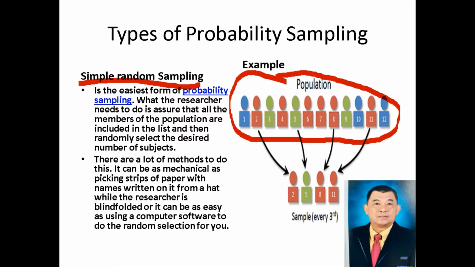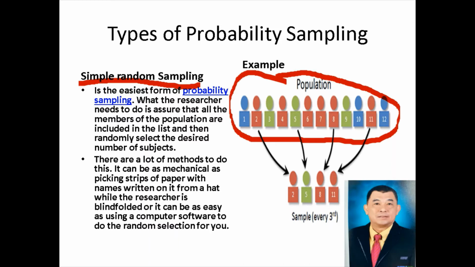Now, what technique are you going to use? If you are going to use simple random sampling, there are many techniques. Here is one method. Mechanically, picking strips of paper with names written on them, and then you draw lots and place those lots inside a box or hat, while the researcher can be blindfolded or not looking inside the box and chooses the different lots.